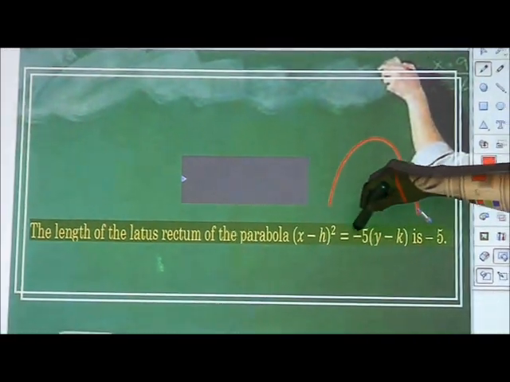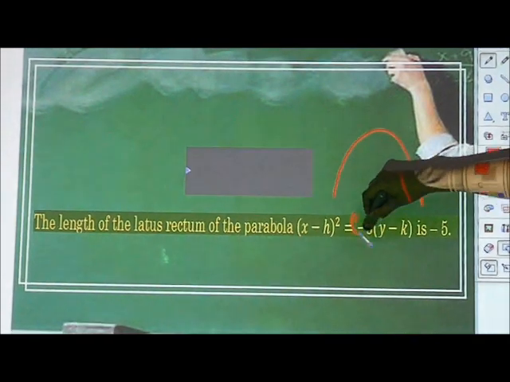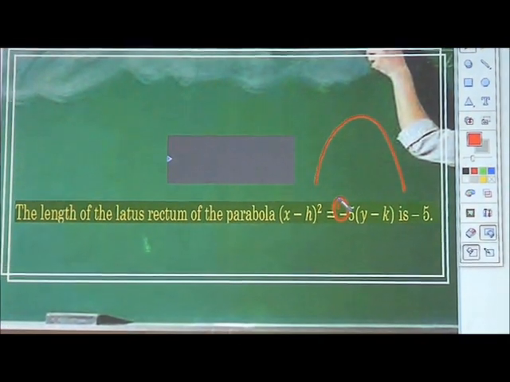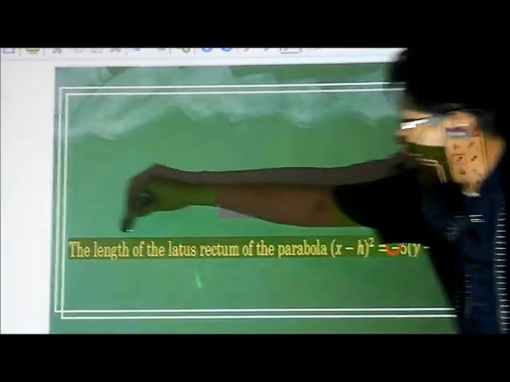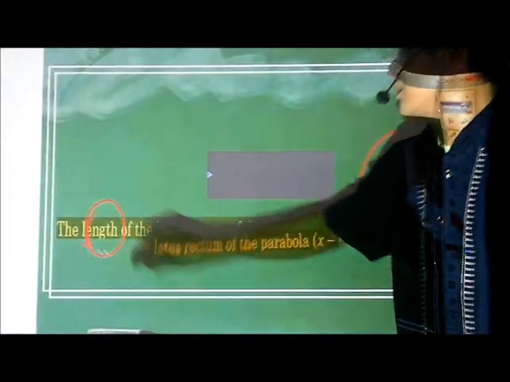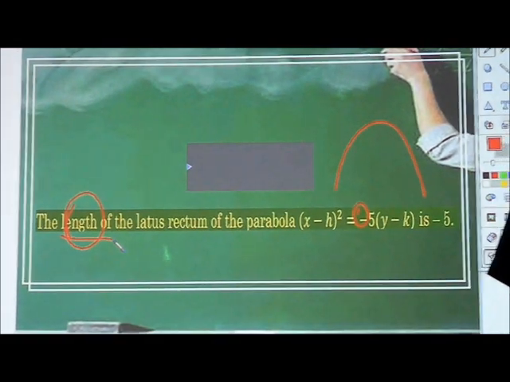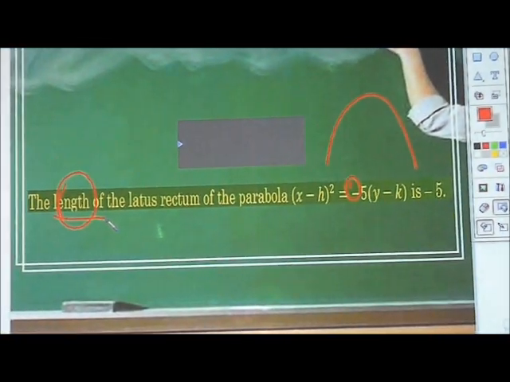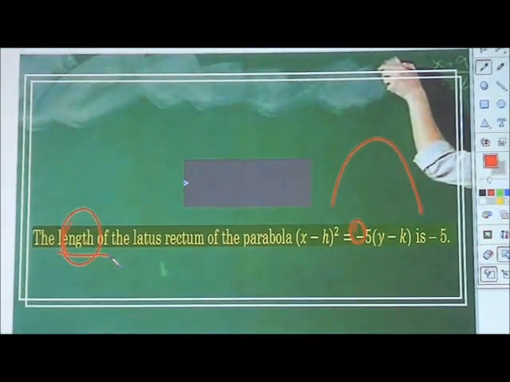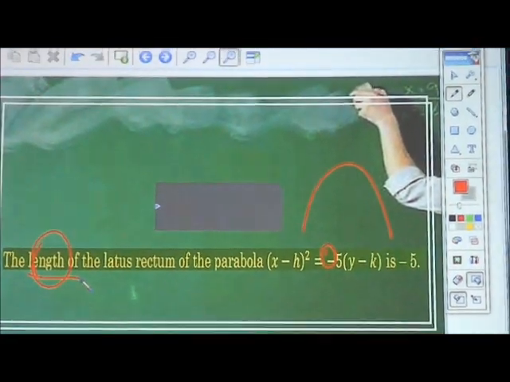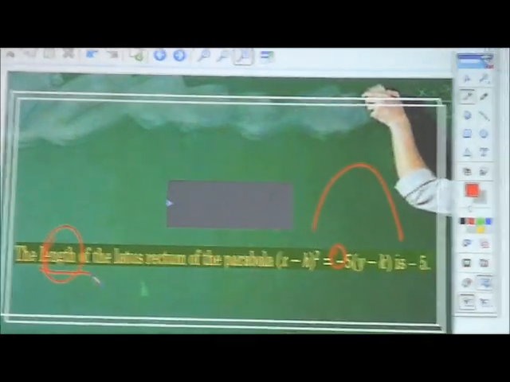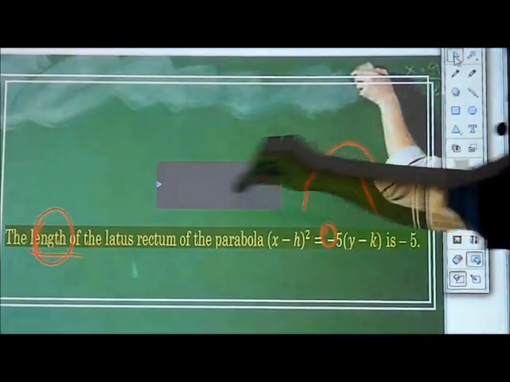That's what the sign is telling us, how the parabola will open. But if we're referring to the length, it should always be positive. Therefore, the length of the latus rectum is 5. The negative sign only tells us how the parabola opens. So this is false.